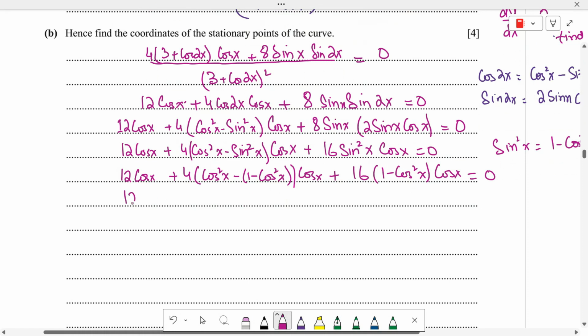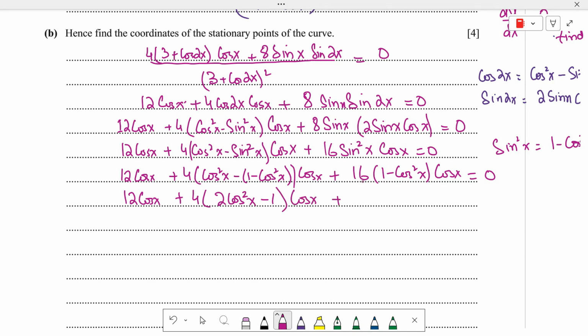Solving further, cos x plus 4 cos square x minus 1 means (2 cos square x minus 1) times cos of x, plus 16 times 1 times cos x, which is 16 cos of x. 16 times negative cos squared x times cos x is negative 16 cos cube x, equal to 0.